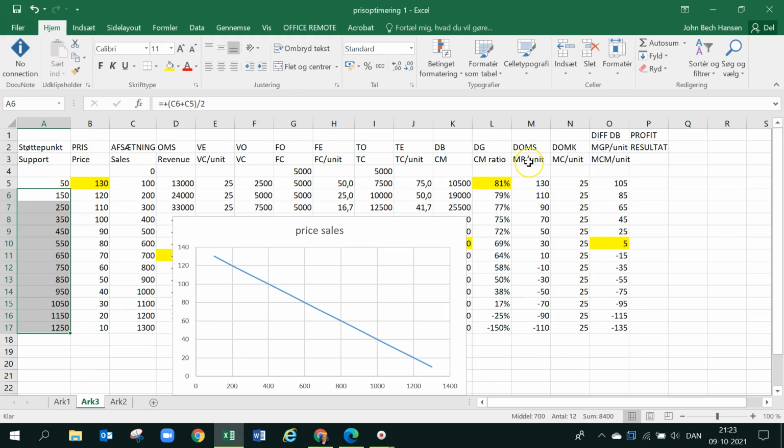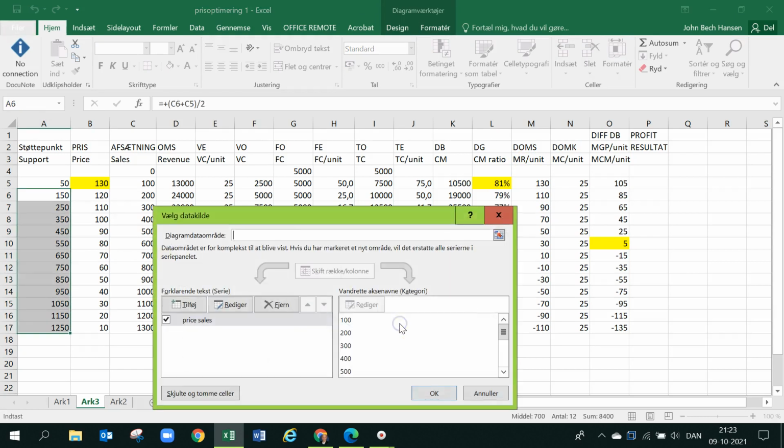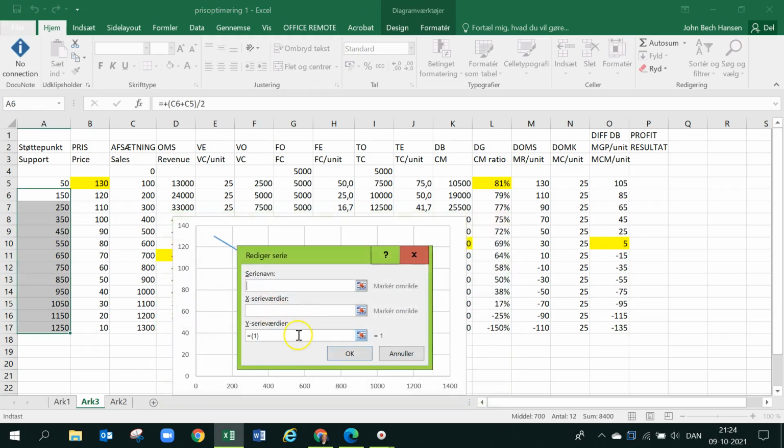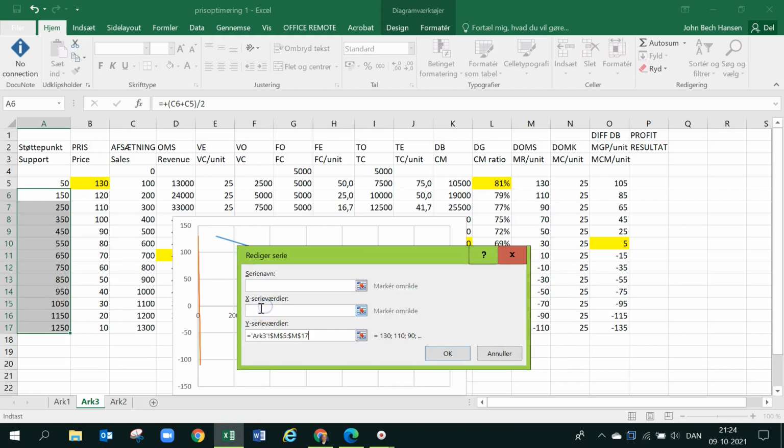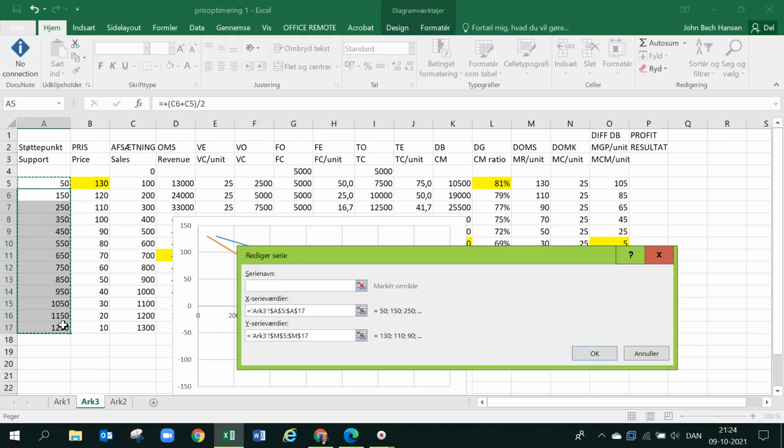Now, if I want to put in the marginal revenue, and of course I do, I will add an extra value in here, and I'll say, well, I want to put in the marginal revenue, and now I'm not using as X values the exact numbers. I will use my support values here because it's the average of the 100 here. Now it's going from 5 to, let's take this one here. I hope this is right.